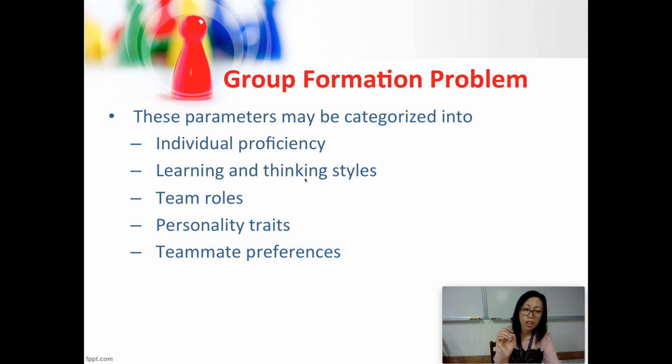It can also be learning and thinking styles, such as the Myers-Briggs type indicator, or even the six thinking hats by Edward de Bono. It can also be team roles, such as the Belbin team roles. It can also be the personality traits, which can be based on the personality theory, with reference also to the Keirsey temperament sorter. And lastly, it can also be teammate preferences.